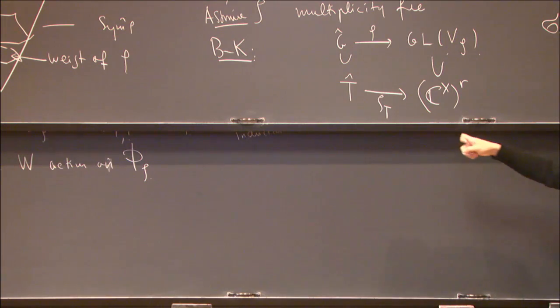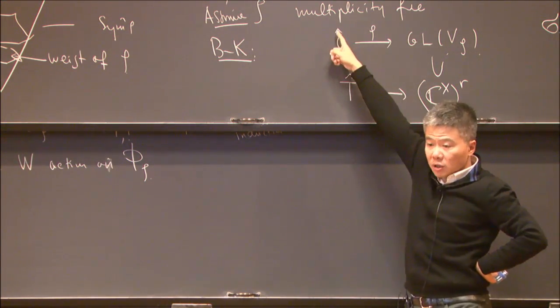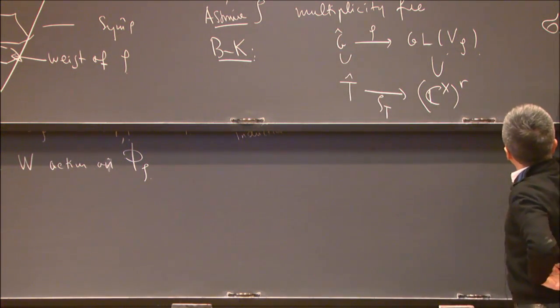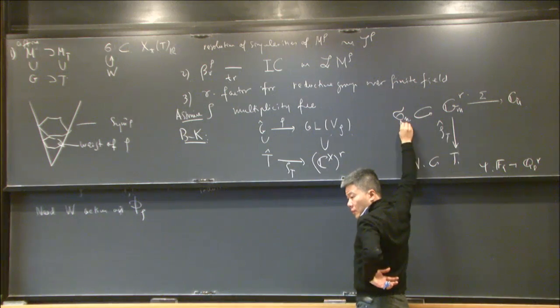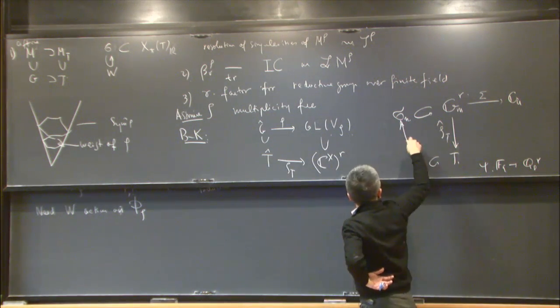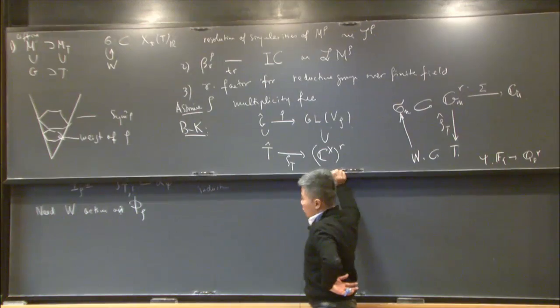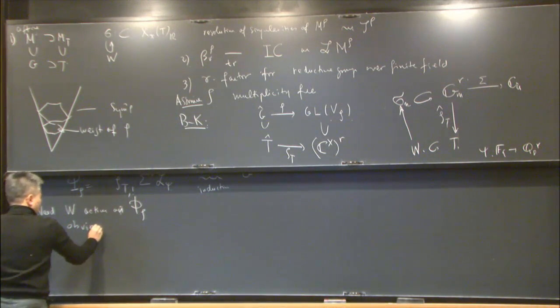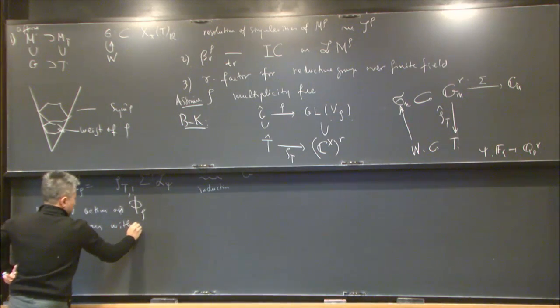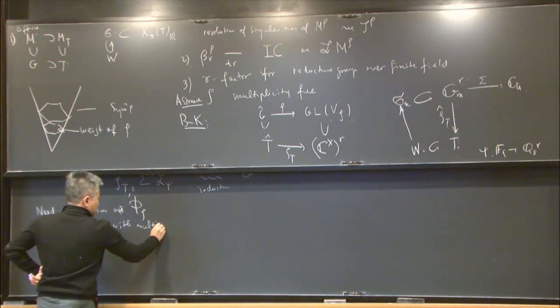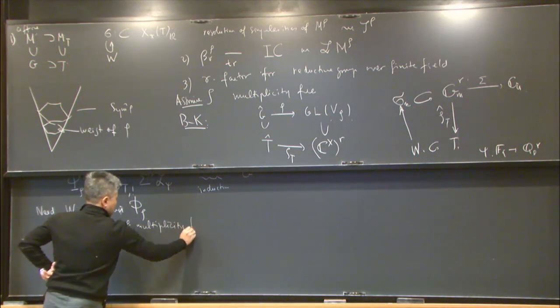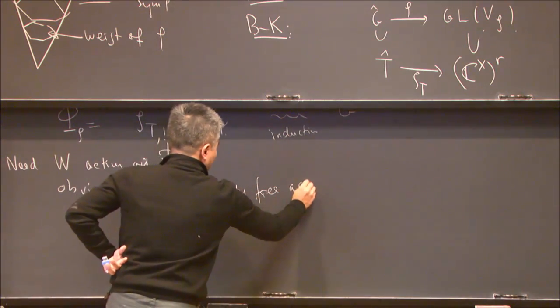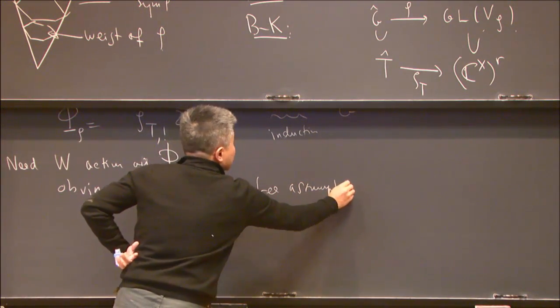The point is that with the action of multiplicity free, you can actually have a map from W to this, and so they do give you a W action. So it's obvious with the multiplicity free assumption.